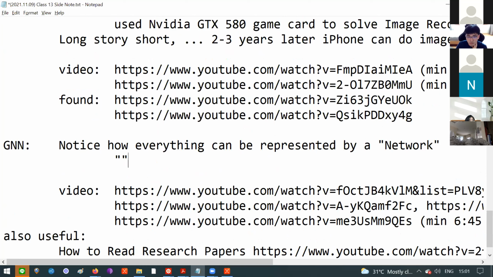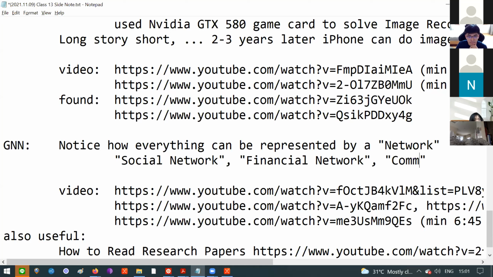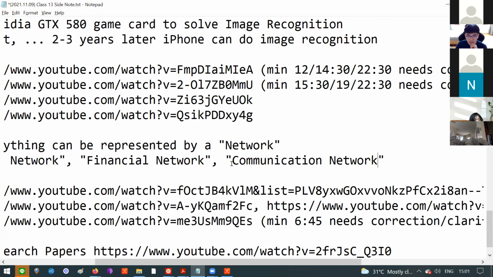So social network, financial network. What else? What kind of network? What else can you have? Well, communication network or digital.